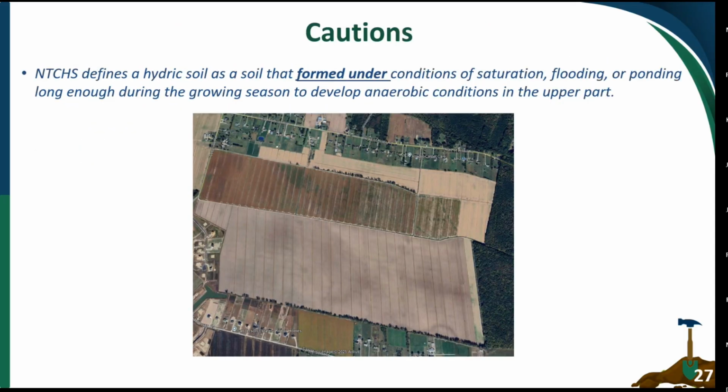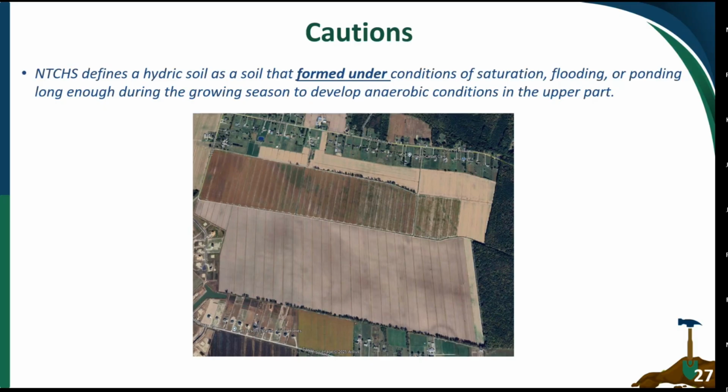Okay, so in the indicator book, there's a section titled Caution. So I want to highlight a couple of those areas. A soil that is drained, in this case, in this picture that we see here, we have an area that's mapped as hydric soils. It's drained by ditches.